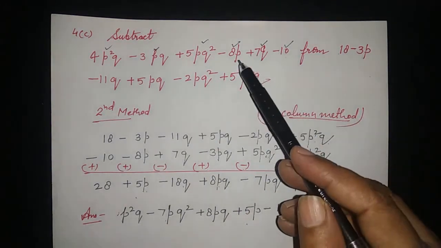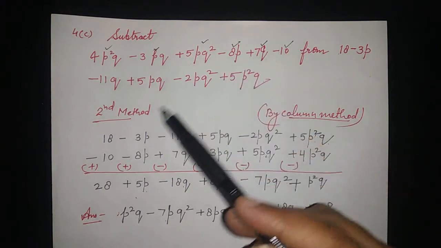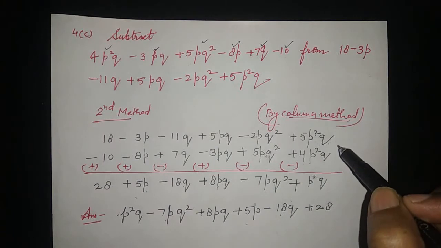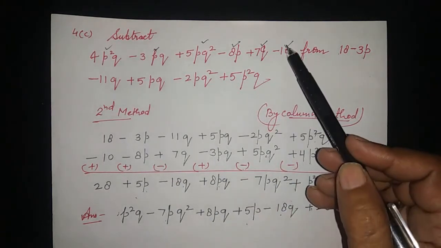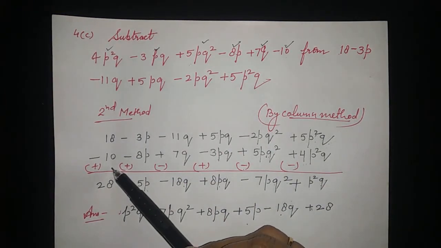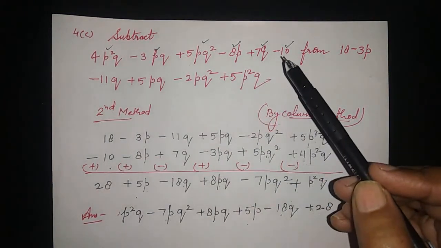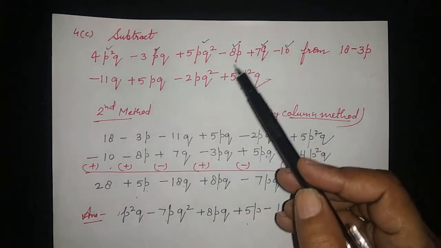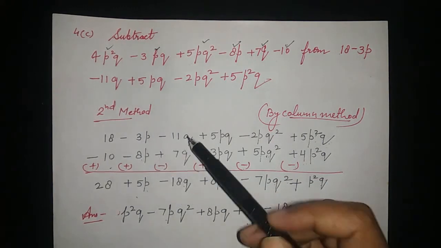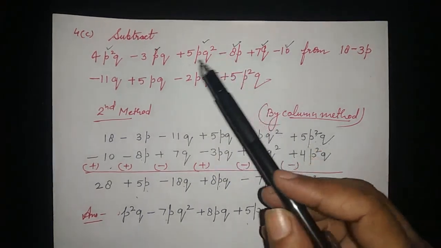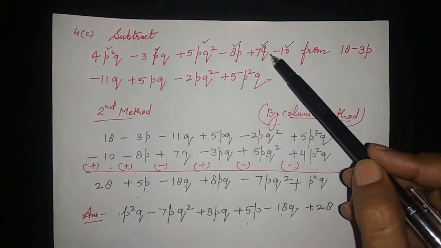We will write like terms below the written expression. Okay. Here we will write minus 10 below plus 18. Okay. Then we will write minus 8p below minus 3p, and below minus 11q we will write plus 7q.